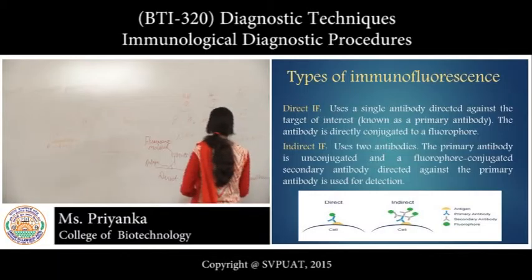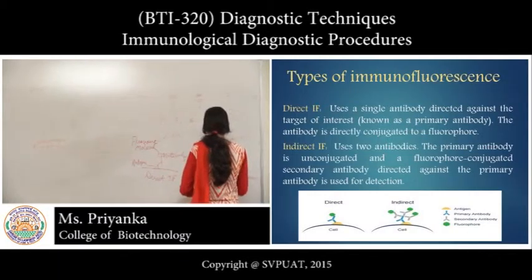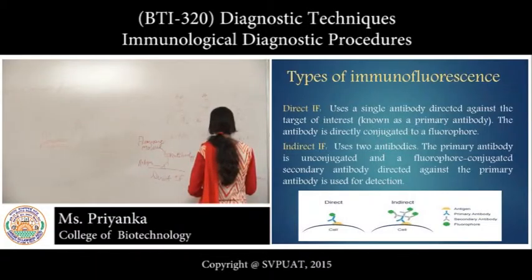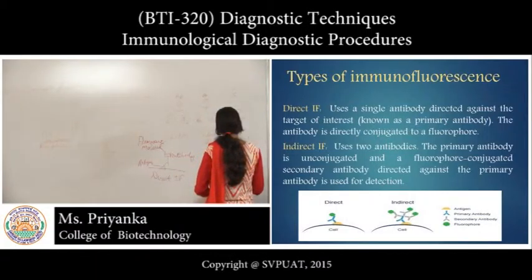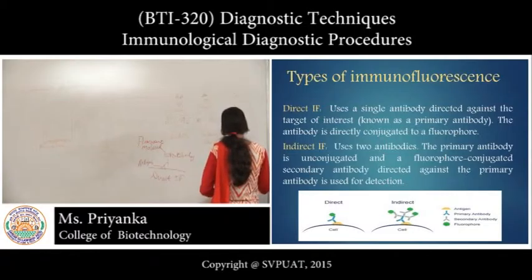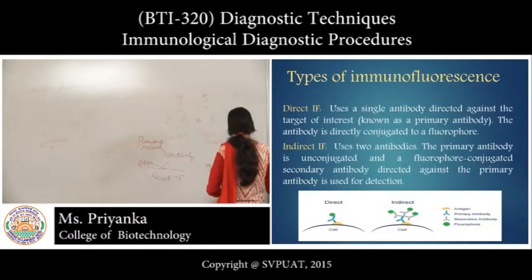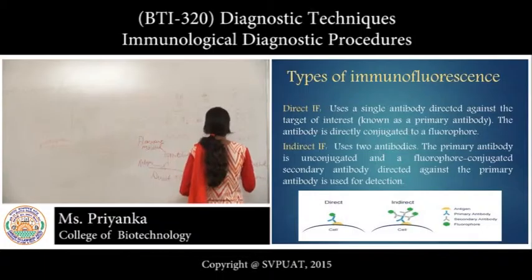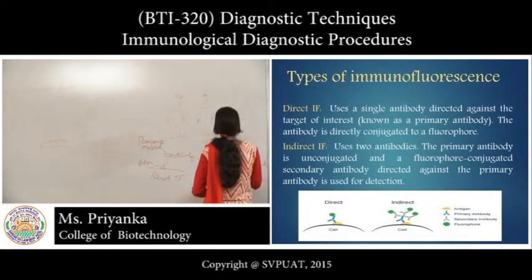Second is indirect immunofluorescence. In indirect immunofluorescence, we use two antibodies. This is the antigen, and this is the primary antibody. Then we use a secondary antibody specific for the primary antibody, and that is conjugated to a fluorescent molecule.